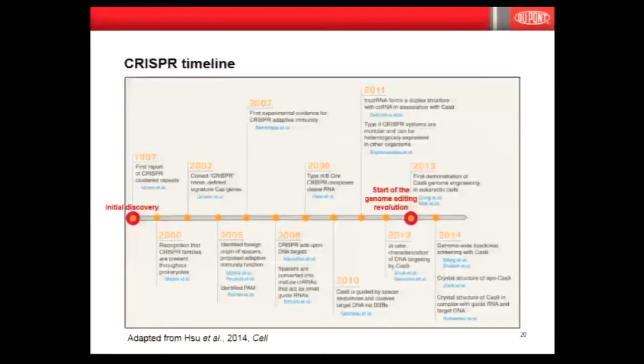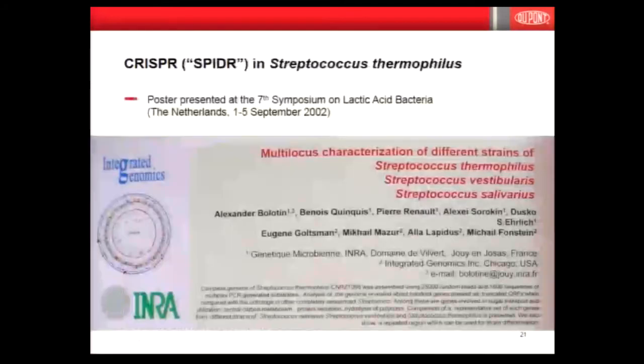And this is precisely when I started to get interested in CRISPR. This happened during a congress in the Netherlands. I was a young scientist at Rhodia Food, and I saw a poster presented by the French INRA team. They sequenced the first genome in Streptococcus thermophilus, a species of interest for me because it is the yogurt bacterium.